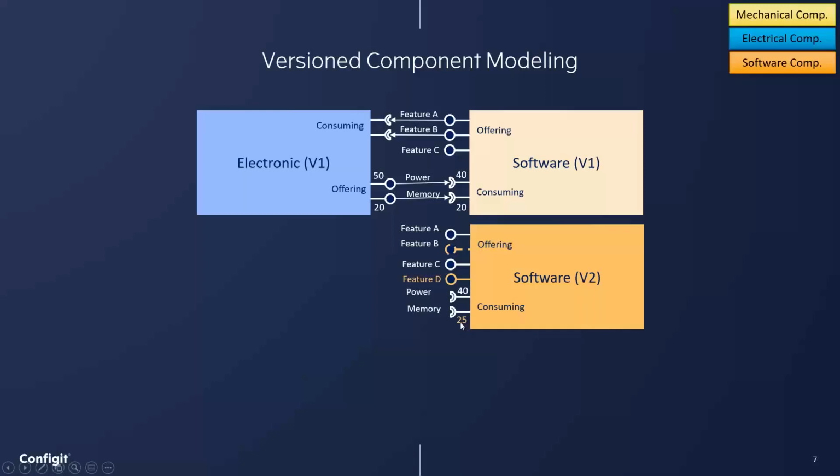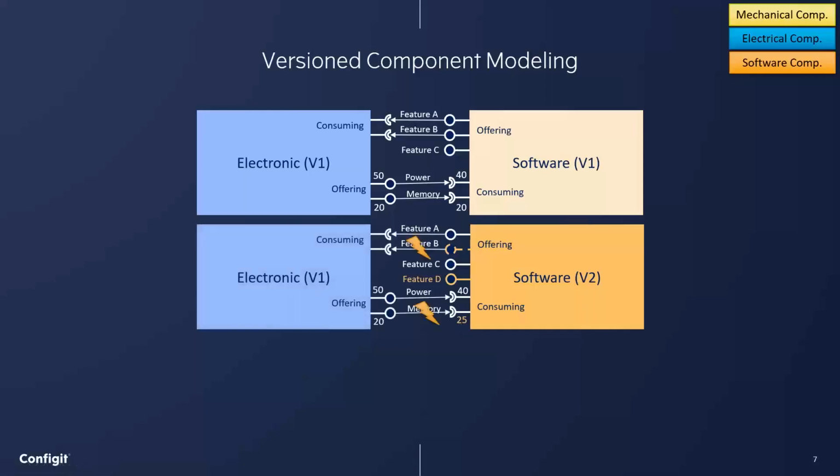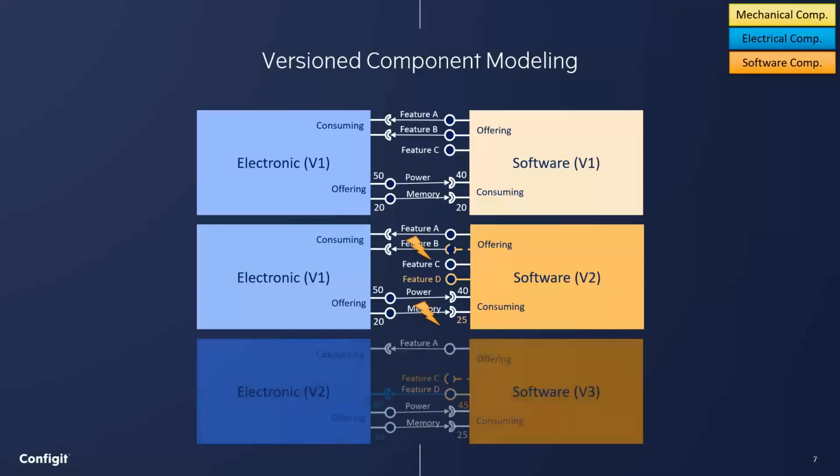Putting these two components together, you will directly see there are some incompatibilities. I can't install version 2 of the software on electronic version 1, because it's missing feature B, which requires this electronic version, and it also offers just 20 of memory instead of the 25 that are needed. So these two components are no longer compatible.